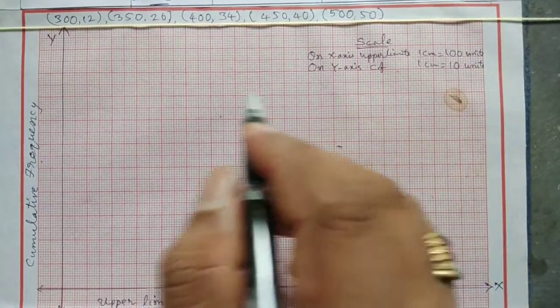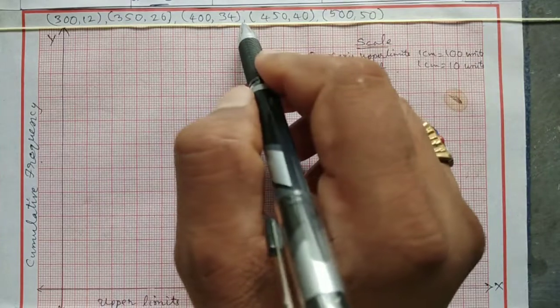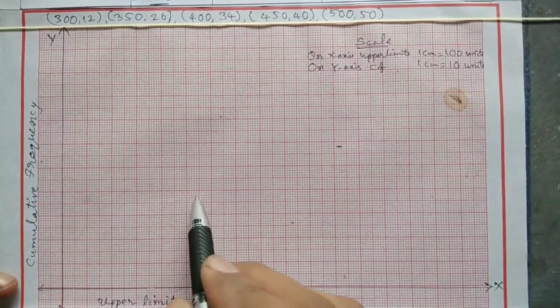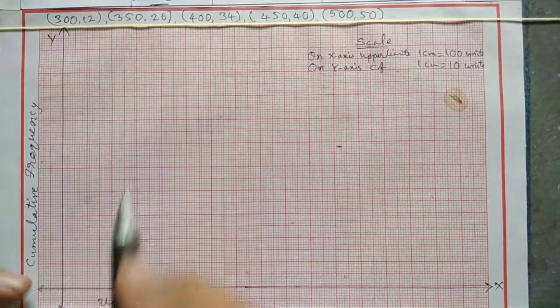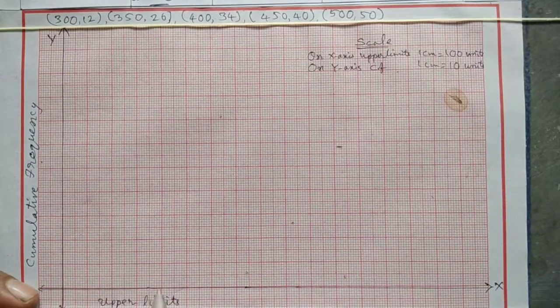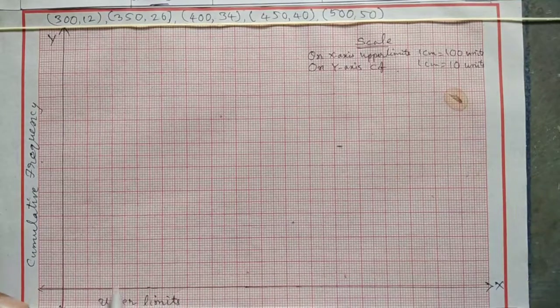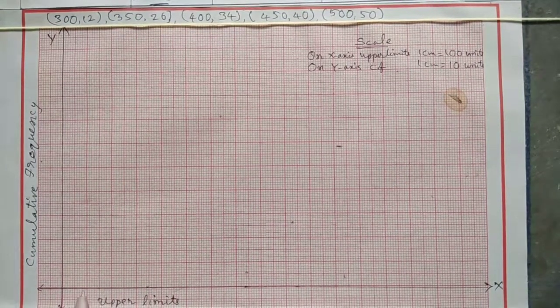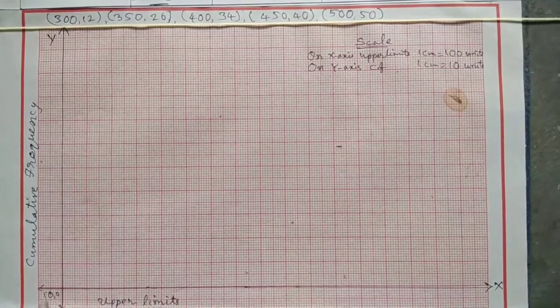Now we have to plot these points in this graph. First we have to note these values. Here 0, 0.